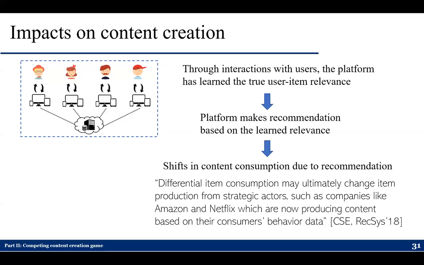Then what the recommender system does is that the item or content that satisfies the needs of this majority group will receive a much higher exposure to the population. This is a direct consequence of relevance-based recommendation. Then the contents that are preferred by the minority group will get much lower exposure.